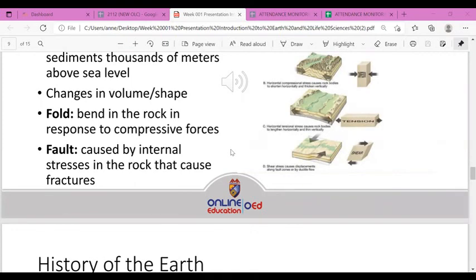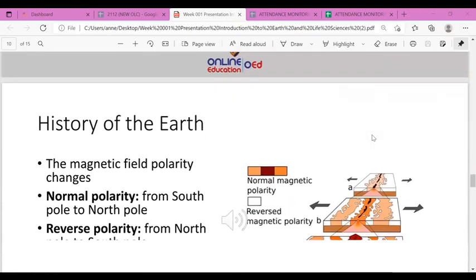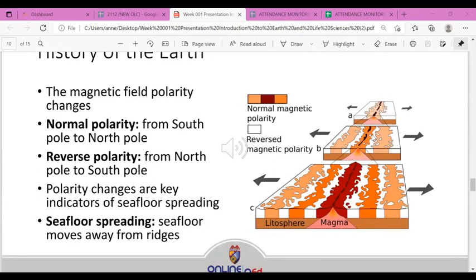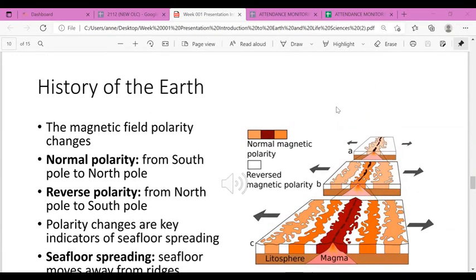Okay, so we have now the bend of the rock in response to compressive forces. That's the fold. Kasi nga merong mga movements na nangyayari doon. Okay. Now, with this movement, we have what we call the polarity.